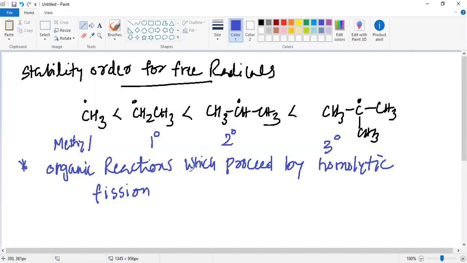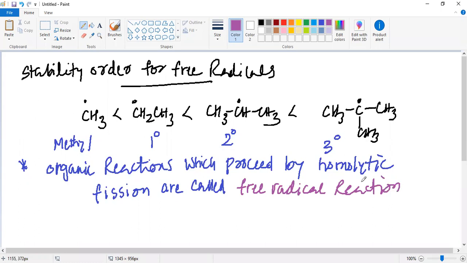Those organic reactions which proceed by homolytic fission are called free radical reactions, or they are called homopolar reactions or non-polar reactions.